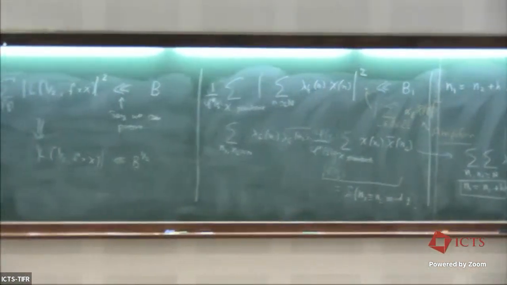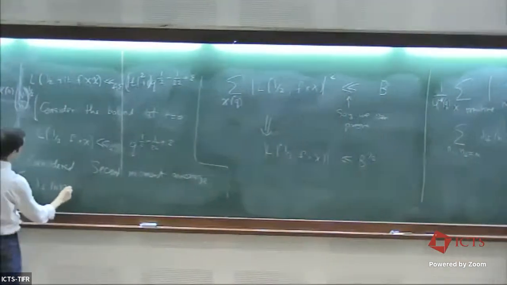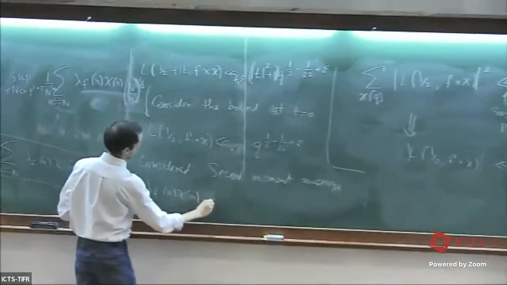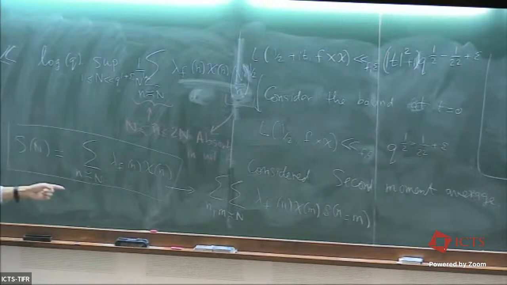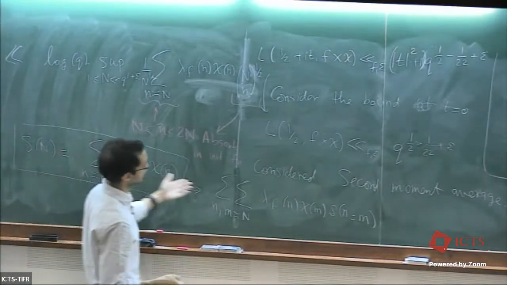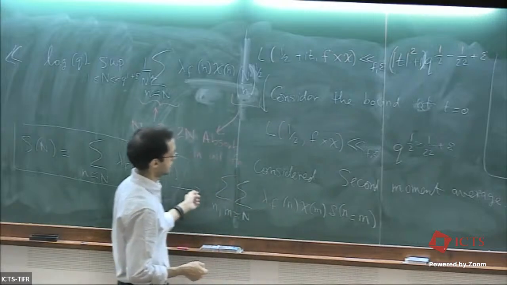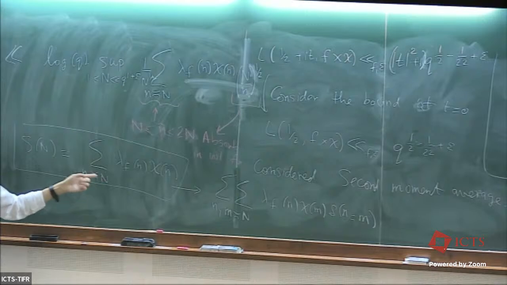Let's say n and m of size n and lambda f n by n, and detect n is equal to m. So this is not a moment method, right? You're not taking moments of L-functions. It's not a shifted sum problem. You're directly detecting, as Saurabh had also explained in one of the previous lectures. We are just going to apply the delta symbol right here.